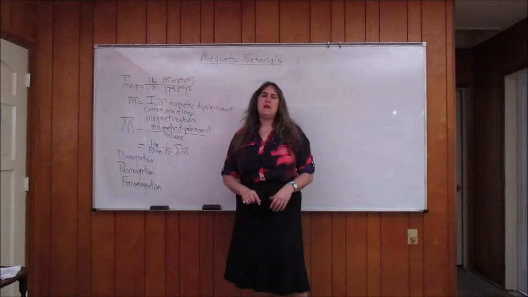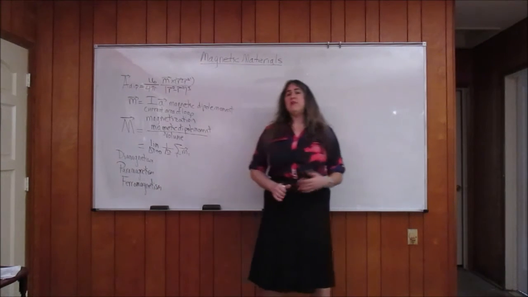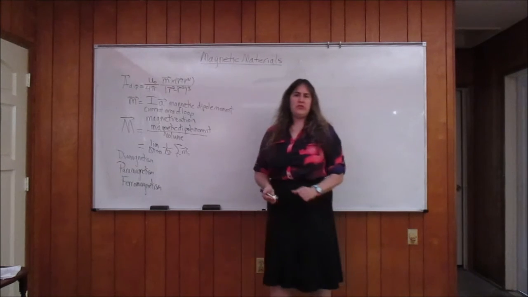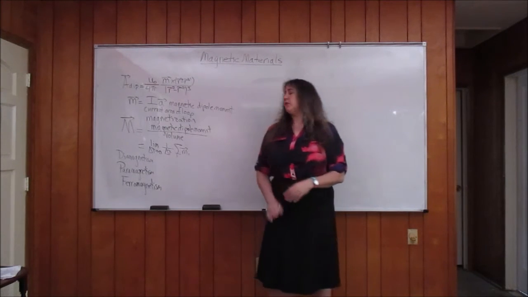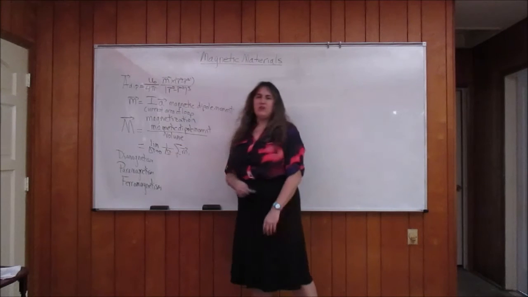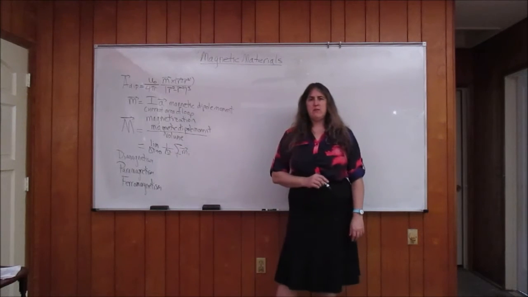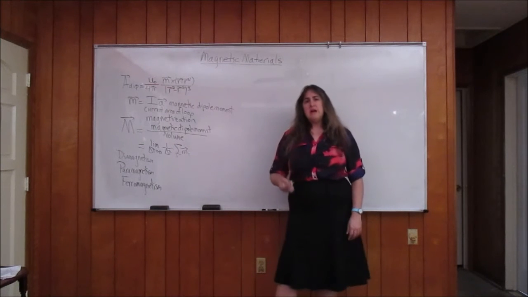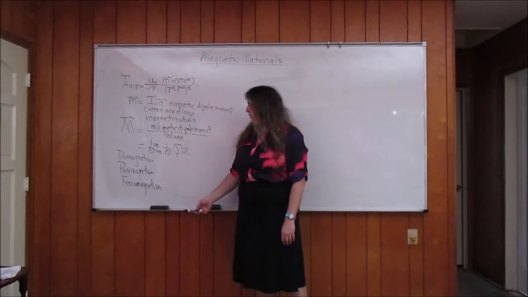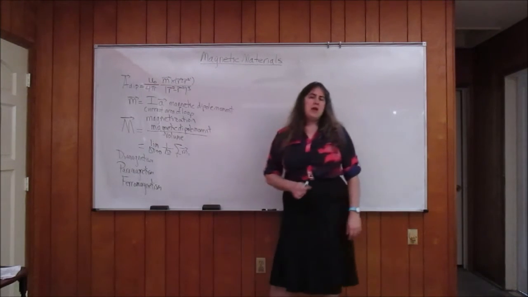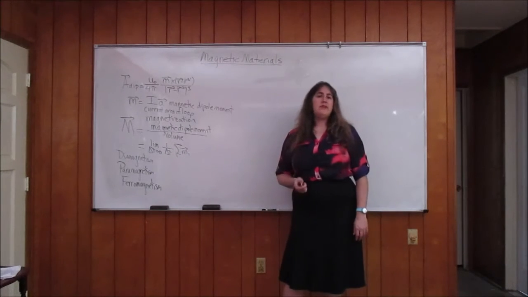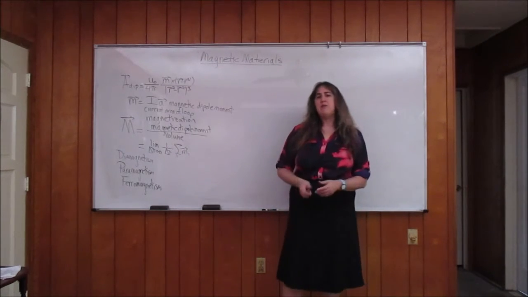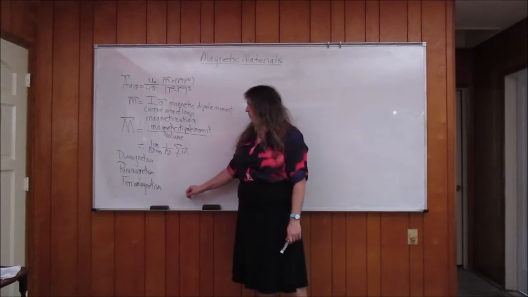Diamagnetism means that the dipoles tend to orient themselves such that they reduce the total magnetic field. So in other words, they point in a direction opposite of the applied magnetic field. In paramagnetism, the dipoles align themselves with the magnetic field, and ferromagnetism means that the material retains magnetization even in the absence of an applied magnetic field.